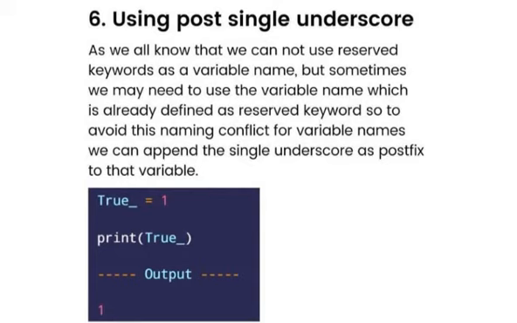Look at that, true underscore is equal to 1. True cannot be used as a variable name. All the keywords, all the reserved words cannot be used as variable names. Whenever you want to use one, you need to use a single underscore as a postfix to that variable.